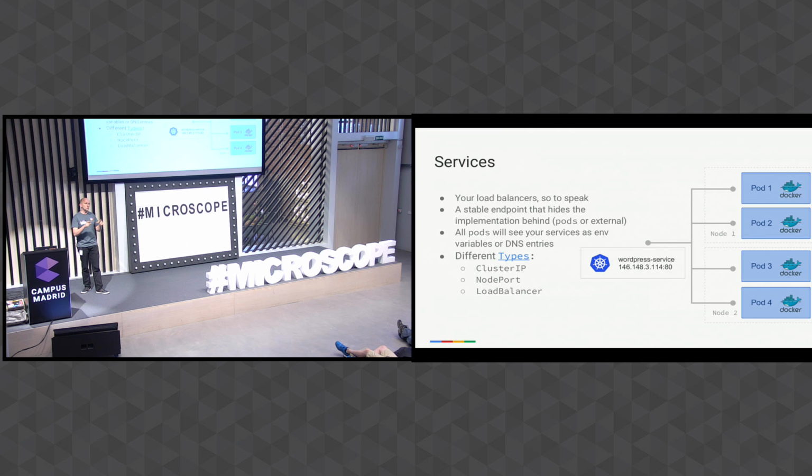What Kubernetes is going to do, it's going to configure an HAProxy for you, and it's going to automatically configure that. So you don't have to see it, but it's going to be there, and it's going to be accepting traffic. And then this service here is going to be load balancing traffic to all the pods and keeping health checks, etc. Now, the cool thing about this, and what makes this extremely useful for microservices, is that any service that you configure in your cluster is automatically visible for your entire cluster as a DNS entry.